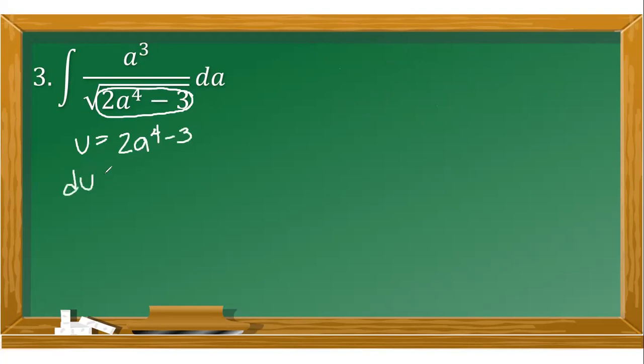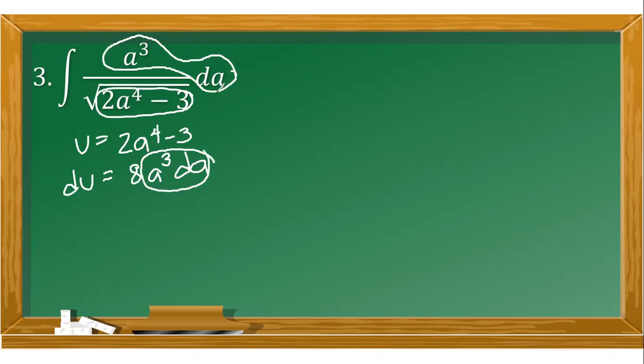So find du, that is equal to 8a cube dA. May nakikita ba tayong a cube dA? Meron tayong nakitang a cube dA sa ating given na problem. So du over 8 is a cube dA pala.